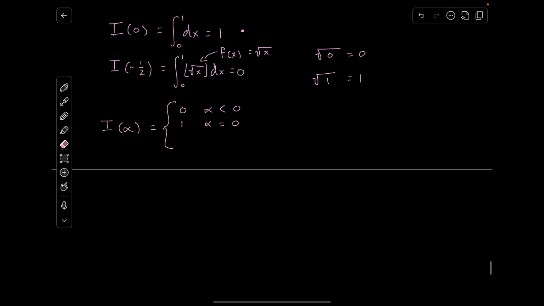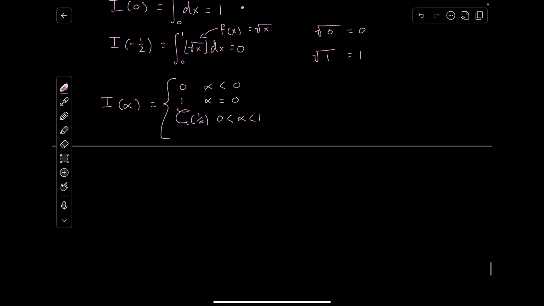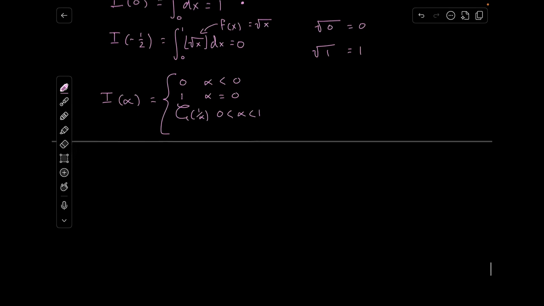And it's equal to, sorry, this zeta function, zeta of 1 over alpha, if alpha is in between 0 and 1. And now what about this last function? So what about alpha greater than 1?